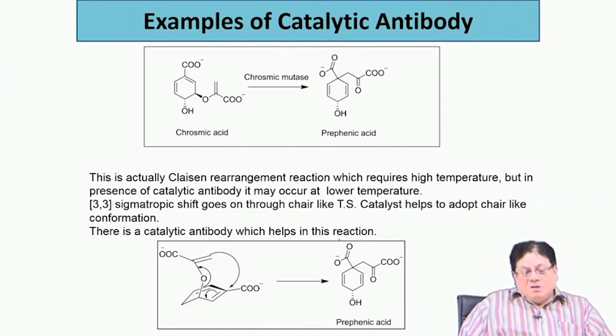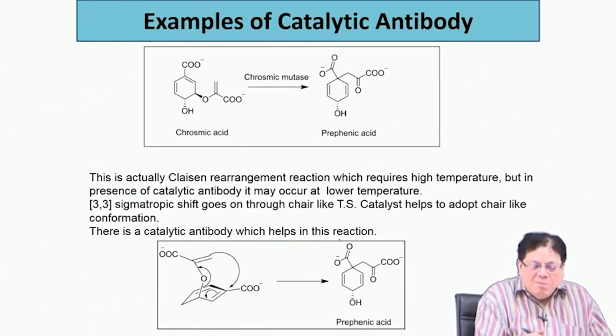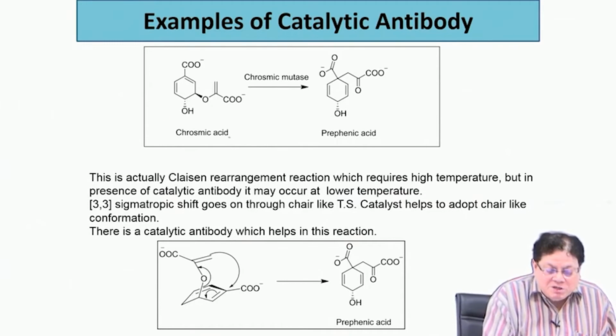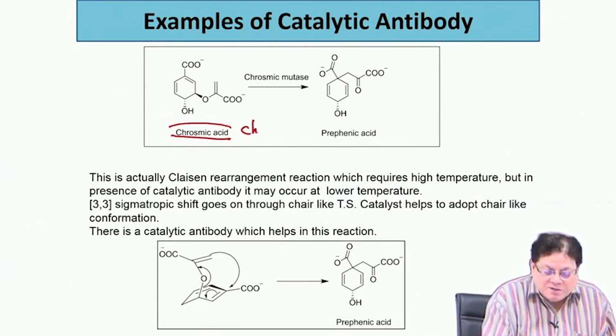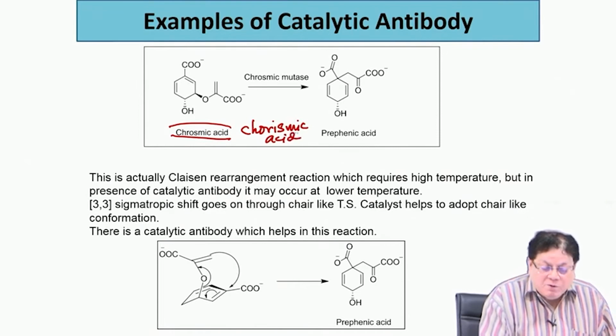Okay. Now, the biosynthesis of phenylalanine is a little complex, but we have taken only some intermediate steps. Now, this is a molecule which is called chorismic acid, the spelling is wrong. Chorismic acid. Okay.